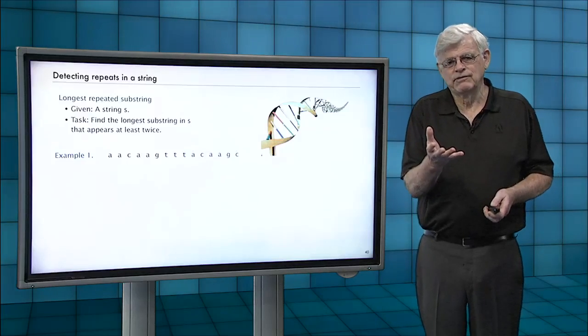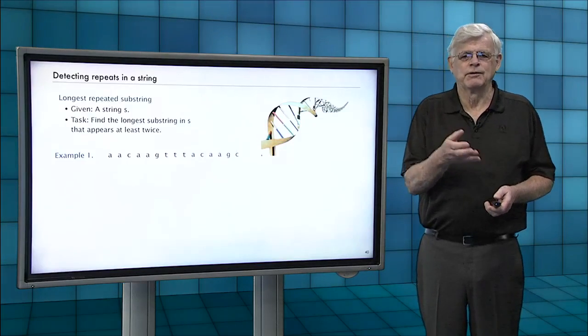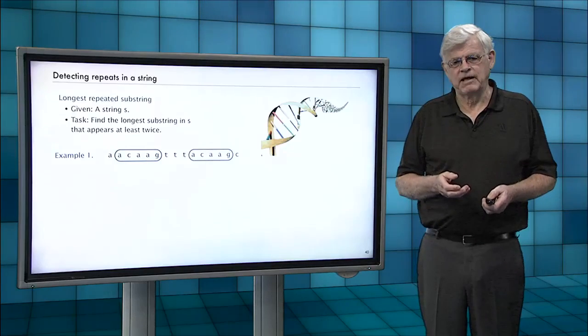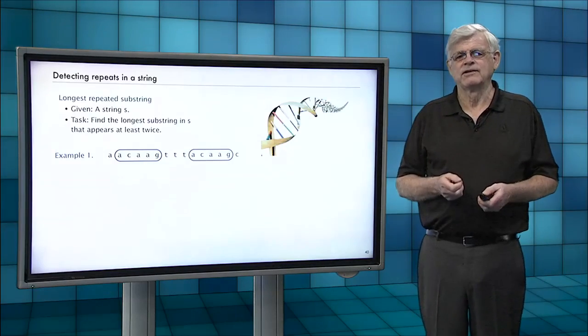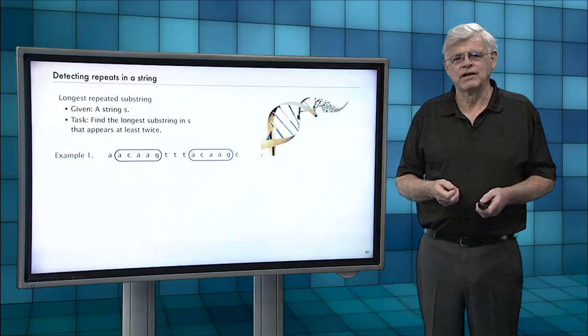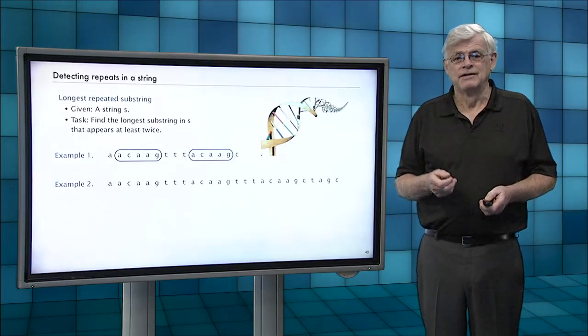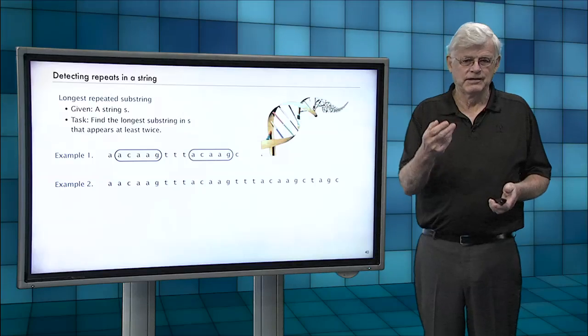And one motivation for this is from genomics, where we have a long string taken from the ACGT alphabet. So in that case, there's a substring of length 5 that appears twice in that string, and that's the longest one. So maybe you saw that one. Here's another one.